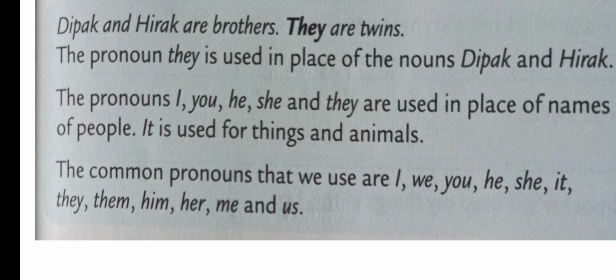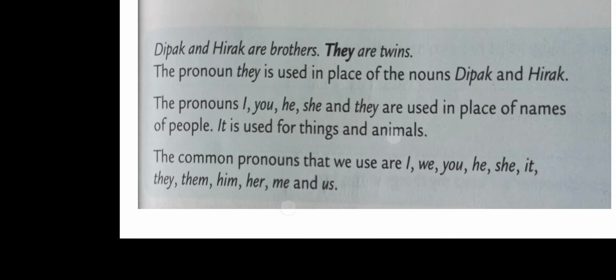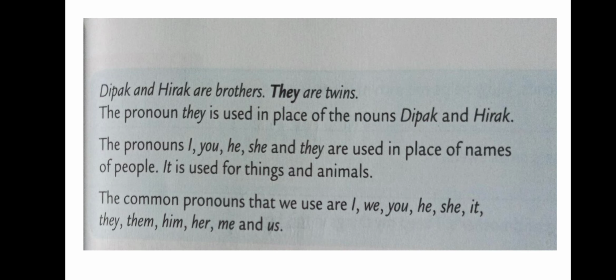The common pronouns that we use are I, we, you, he, she, it, they, them, him, her, me, and us. These all are the pronouns that are used for common pronouns. Hope you understood what is pronoun and where to use them.